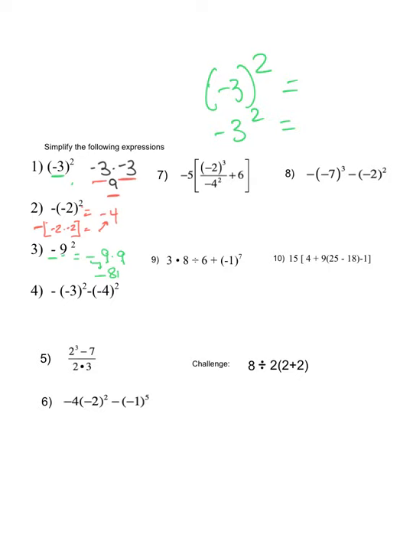Do you guys see they're different? Ladies and gentlemen, Mr. Richards' words of wisdom. Anytime you put a negative number in your calculator, put it in parentheses. Are we all good?